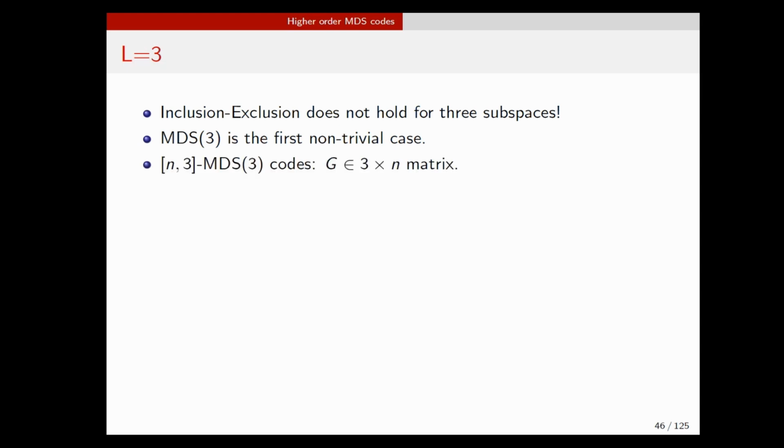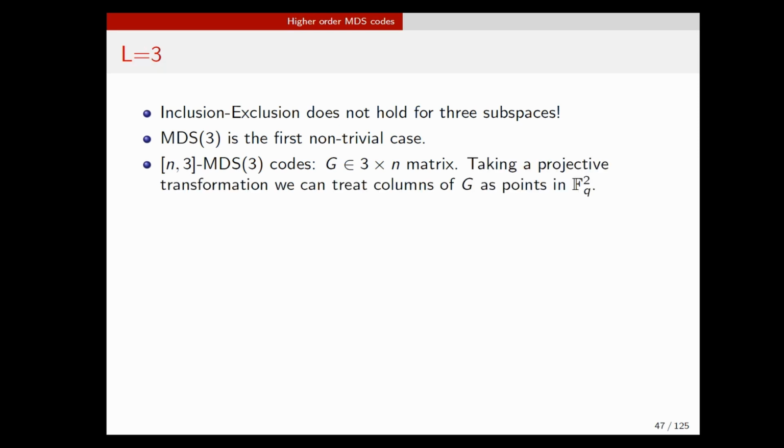So let's try to understand MDS3 a little further. Let's take a particular case. Let's just look at n,3 MDS3 codes. The generator matrix of this code is just a 3 cross n matrix. After doing a projective transformation, we can assume that the first row of my generator matrix is all ones. Then I can think of my generator matrix as defined by n points in F_q squared.